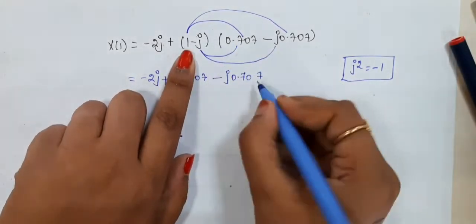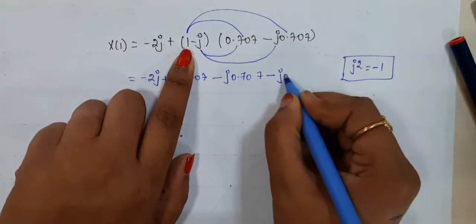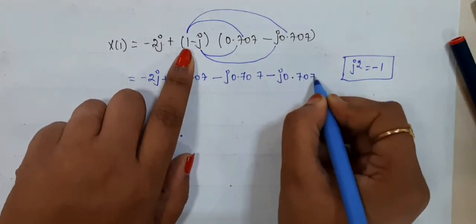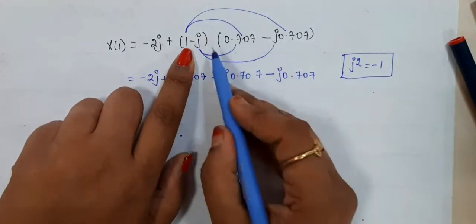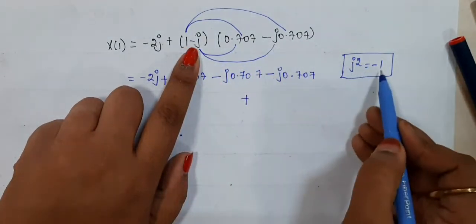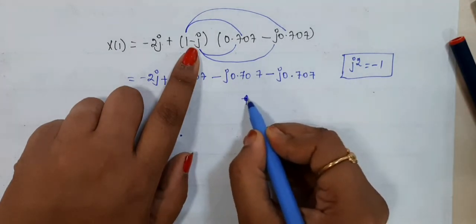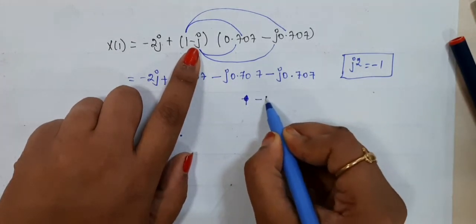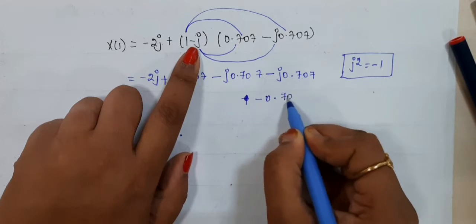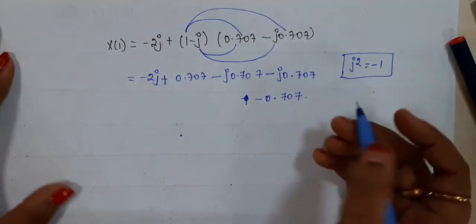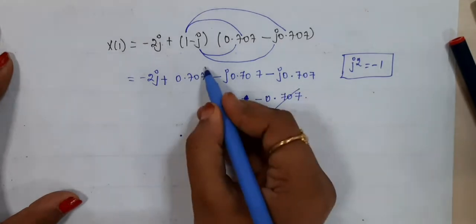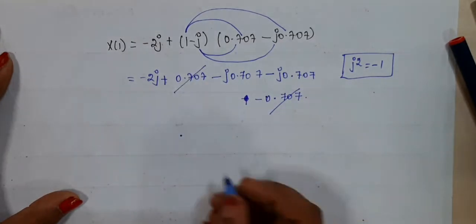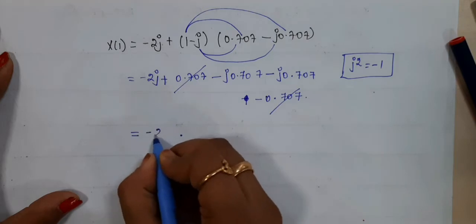So minus j into 0.707 minus, plus j into j square. J square value is minus 1. So this one will become minus 0.707. Okay. So now this 0.707 and this 0.707 will get cancelled, equal to minus 2j.